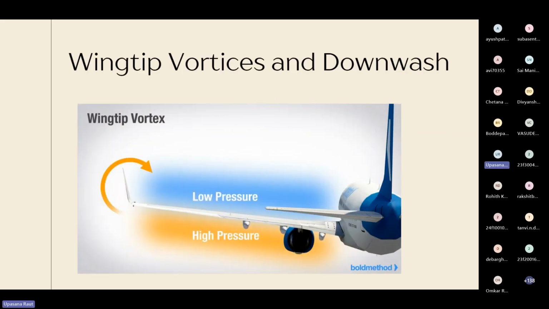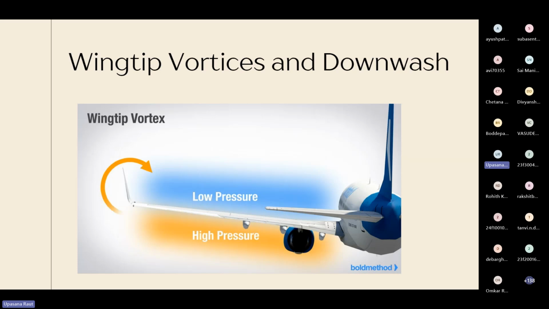Now, like I said, there are pressure differences between the lower region of the airfoil and the higher region of the airfoil. When the airfoil is moving at a faster rate, the air particles at the high pressure would like to move to the lower pressure region.